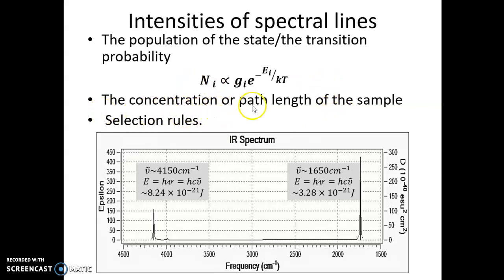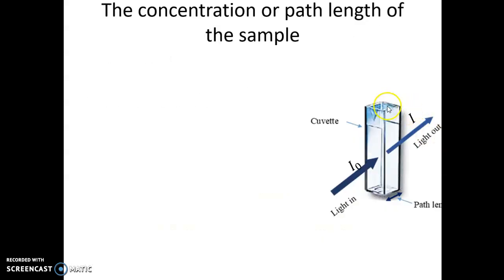So in this video, we continue with the concentration and path length of the sample. So that should actually be the concentration and path length of the sample. In an experiment, there's a cuvette which holds the sample.